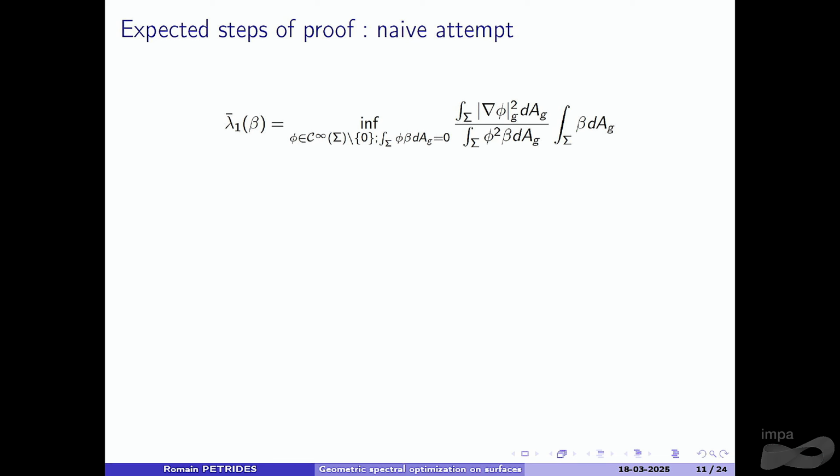So if you know nothing in variational theory, there is a naive attempt you can make when you have a functional and you want to maximize or minimize it. So I recall the formula for this functional.